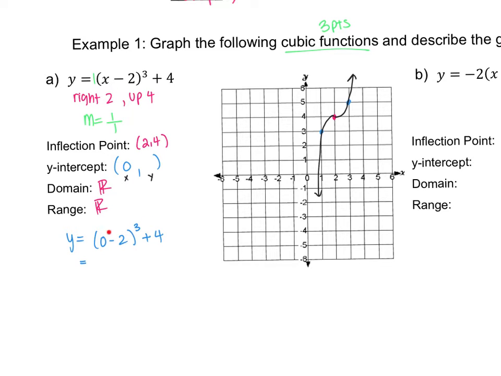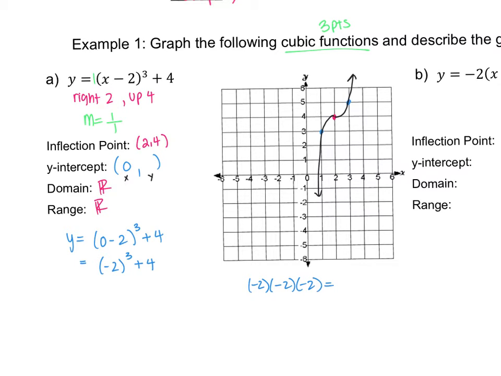Inside the parentheses, remember order of operations, I have to do inside the parentheses first. So 0 minus 2 is negative 2. And I'm raising it to the third power. That means I'm taking negative 2 and multiplying it by itself 3 times. So negative 2 times negative 2 times negative 2.